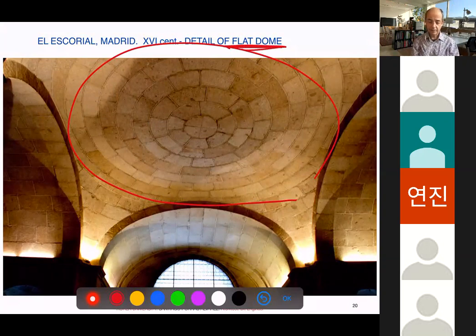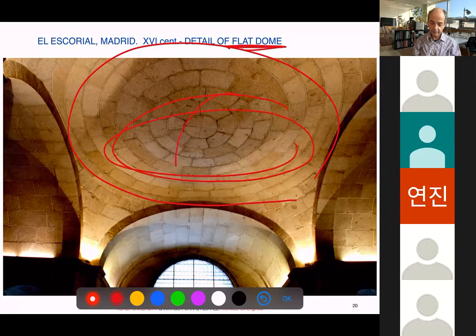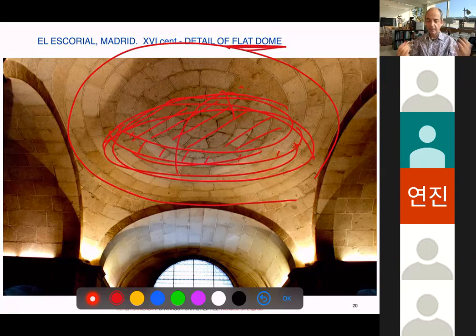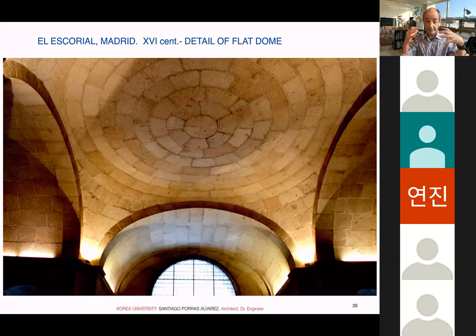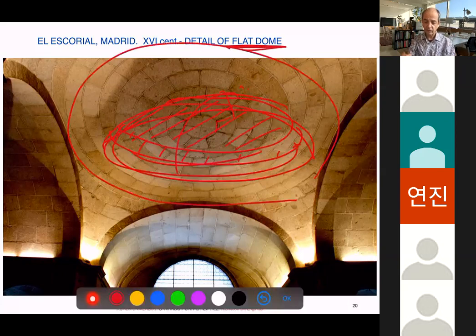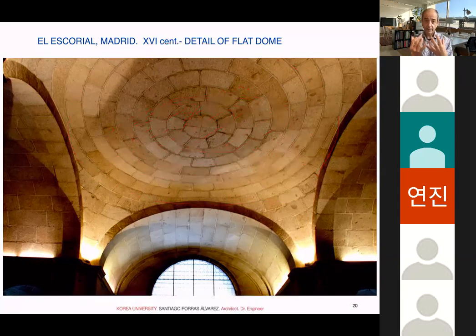So this is a very low spherical casket, right? Which has been cut, and we have only that flat part. So each stone is part of that spherical casket. You can imagine the knowledge of geometry those architects had to design those pieces one way and to match perfectly that shape.